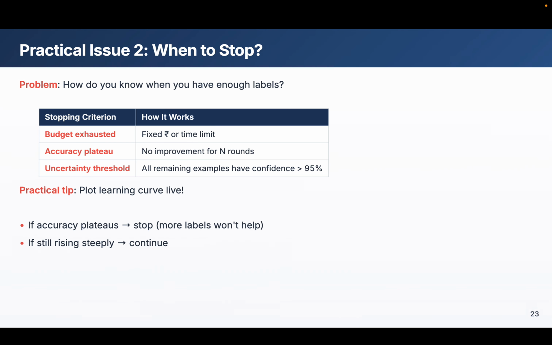Can the accuracy decrease also? Can the accuracy decrease of the system? Many of them are not deterministic, non-decreasing functions. So the accuracy can potentially decrease. It should ideally not. Sometimes you can also end up adding very noisy examples.